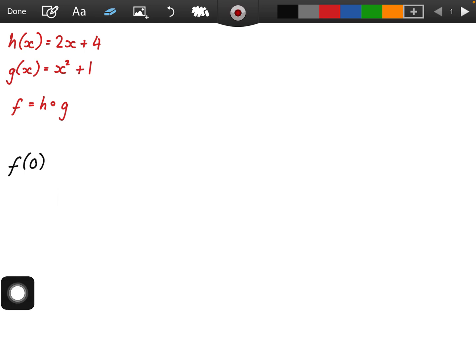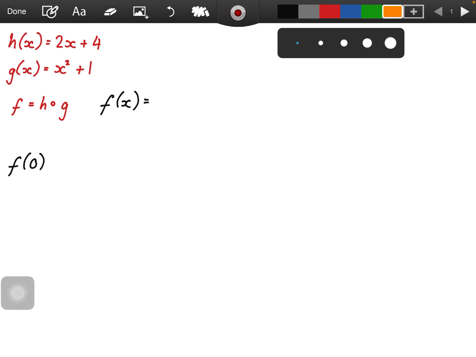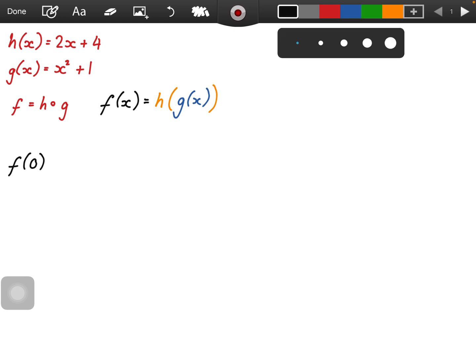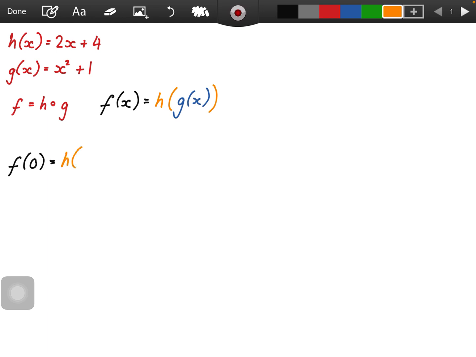Okay, so we know that f of an input x is equal to h applied on whatever g of x is. I am going to do that exact thing now. How am I going to use this function h with an input of g of 0 in this case? So 0 is what x is.